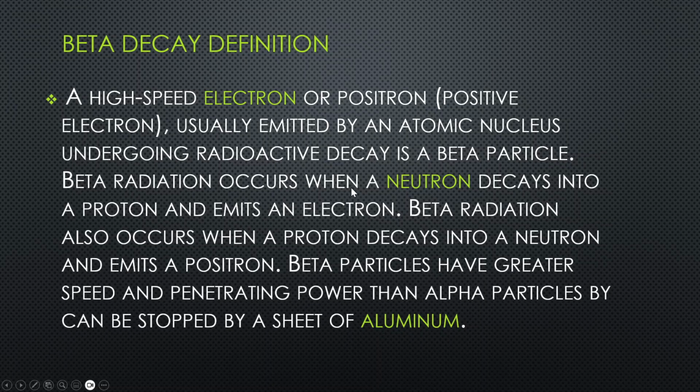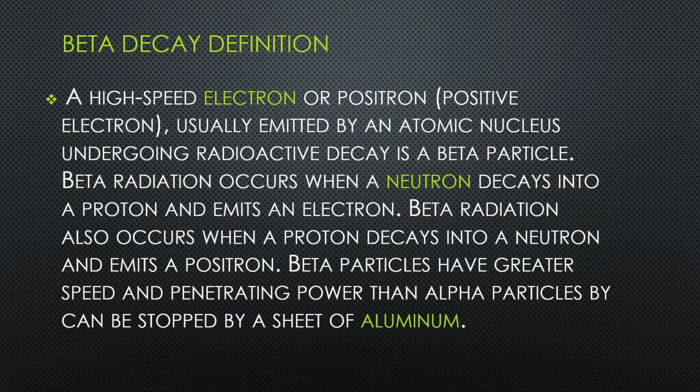Beta radiation occurs when a neutron, and this is strange, a neutron, decays into a proton, and then it emits an electron. So it kicks out an electron. And then beta radiation also occurs, the second way it happens, when a proton decays into a neutron and emits what we call a positron.